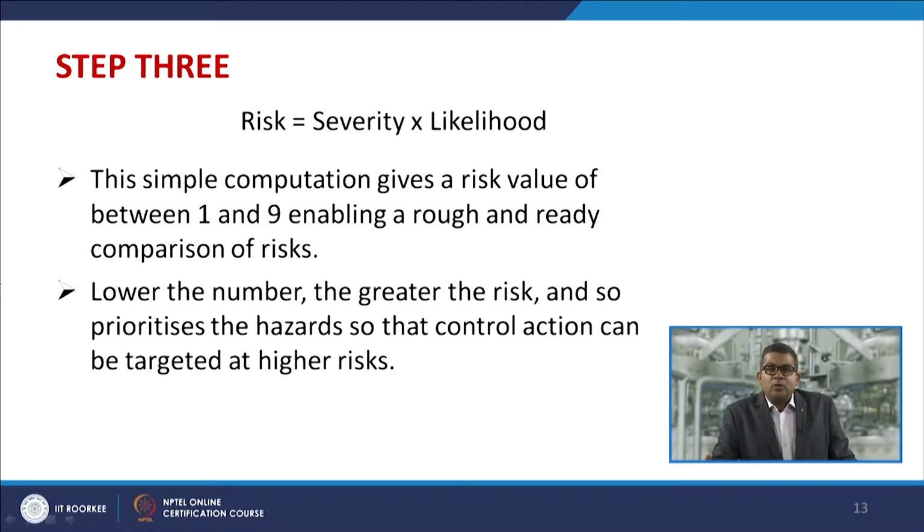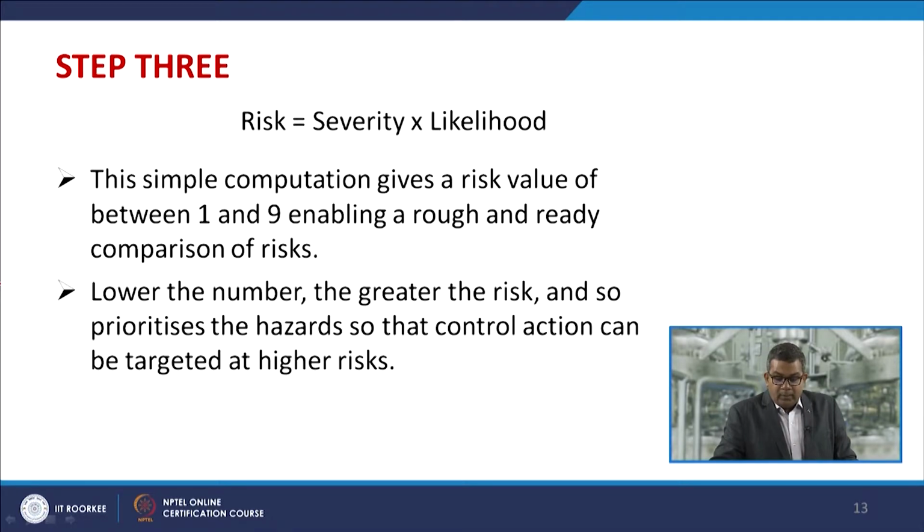Now, this involves making a formal judgment on the consequences and the probability using the formula: risk is equal to severity into likelihood. Likelihood deals with the probability. This simple computation gives a risk value between 1 and 9, enabling a rough and ready comparison of the risk.